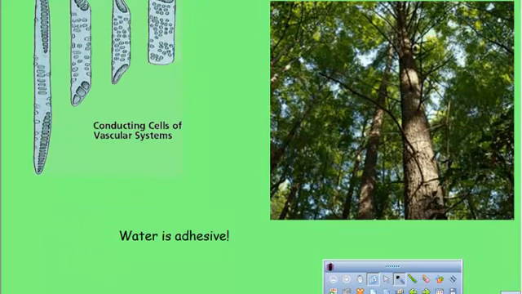And water is adhesive. What's adhesive mean? Sticks to other things. Right, sticks to other unlike molecules. And what that does is results in capillary action.